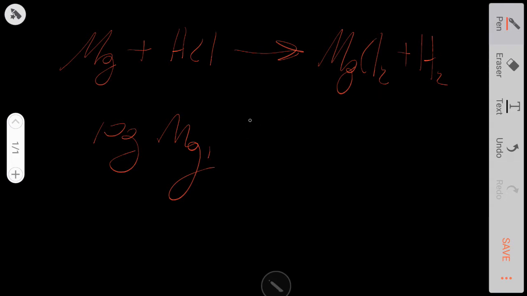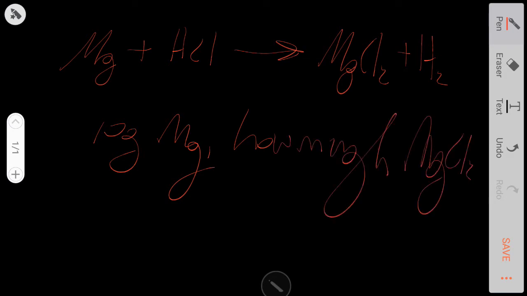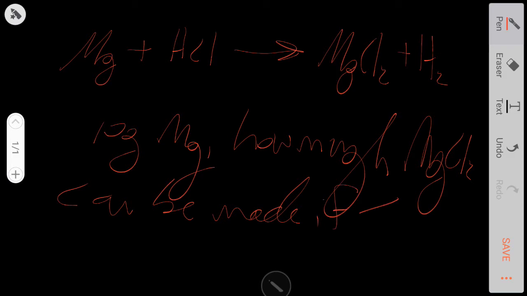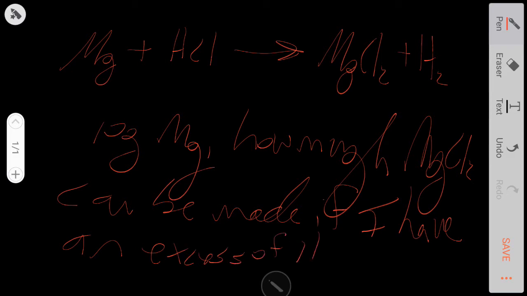How much MgCl2 can be made if I have an excess of HCl? So let's say I have a huge bottle of hydrochloric acid in the lab, but I only have 10 grams of magnesium. And I want to find out how much magnesium chloride can be made.